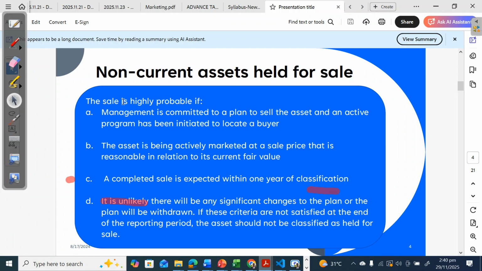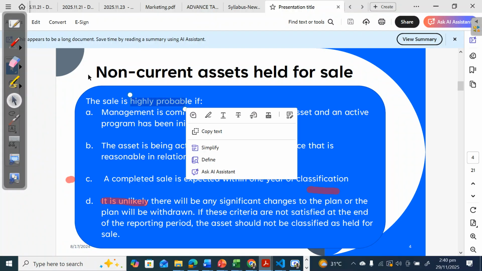Now let's see, what does the standard say about high probability of sale? If they say the asset is highly probable to be sold, what does it mean?